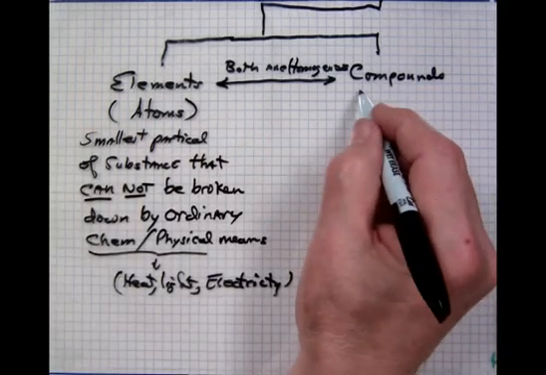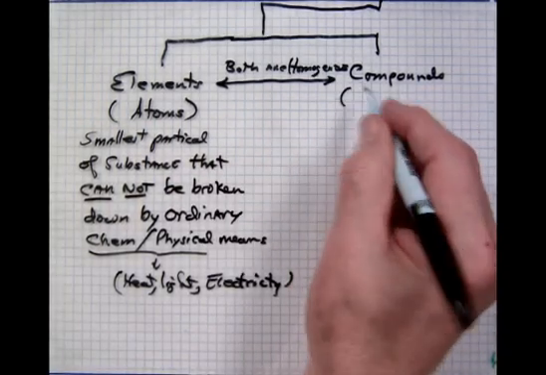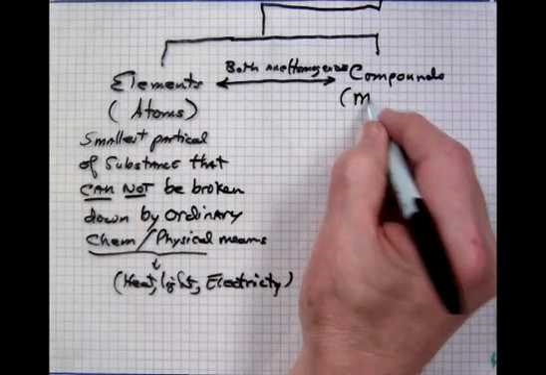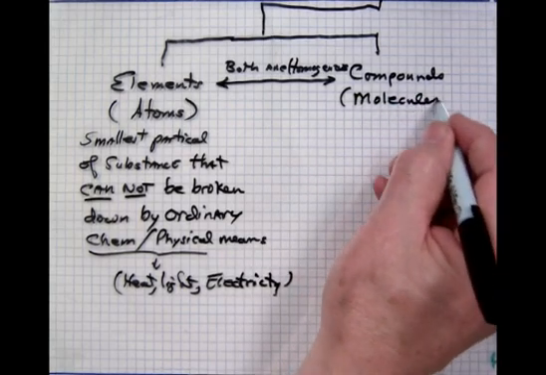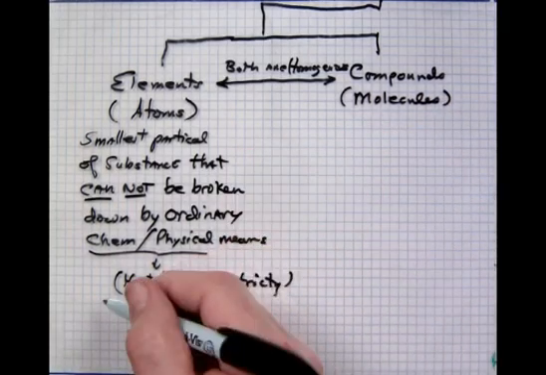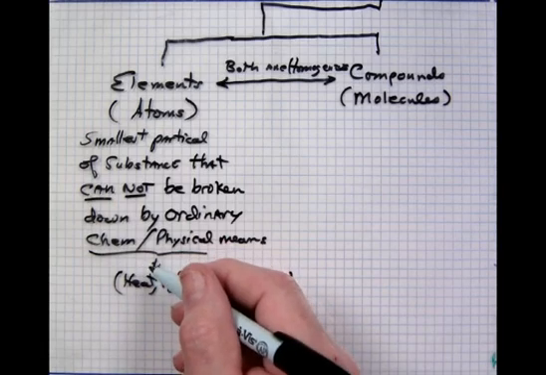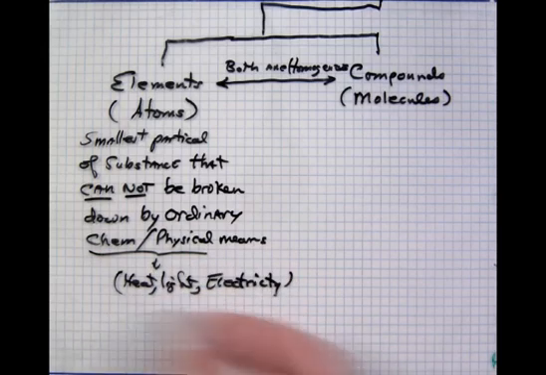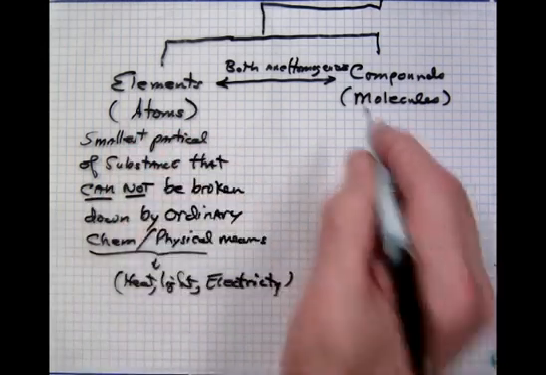Now, compounds are collections of molecules. And these have the same definition, but you substitute in that they can be broken down by heat, light, and electricity. So as you write this, you duplicate it.